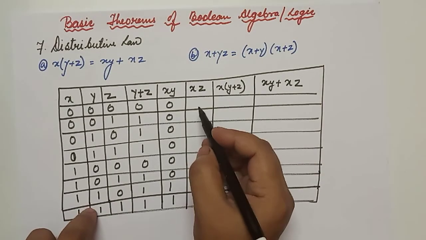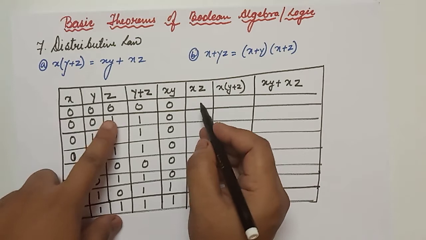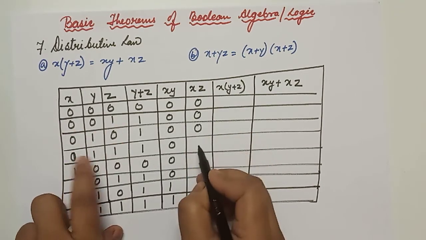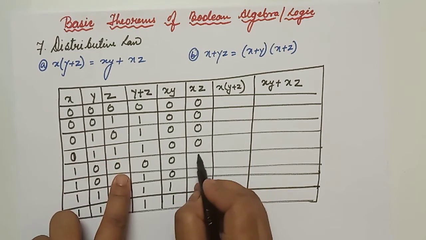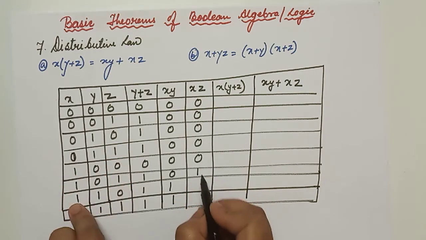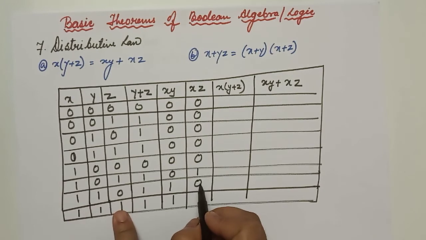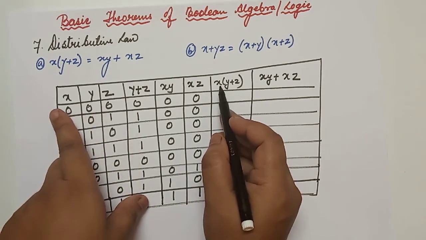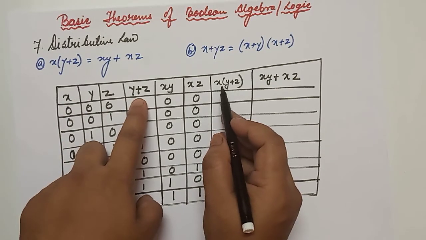Now let's see what will be the value of the xz. Here it is 0, 0, 0, 0, 0, it's 1, 0, it's 1. Now let's try to find what shall be the value of x multiplied with y plus z.